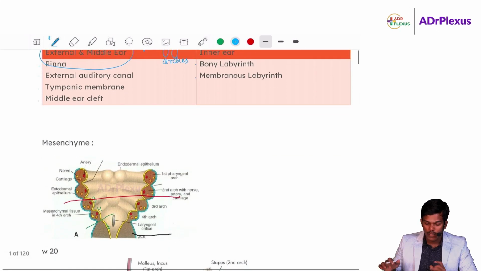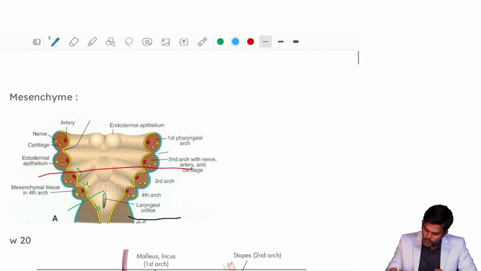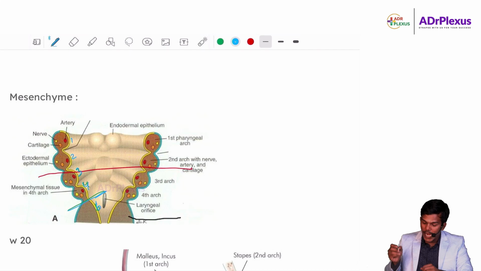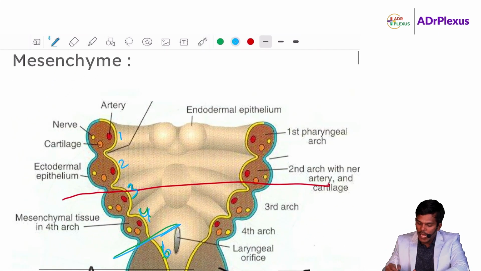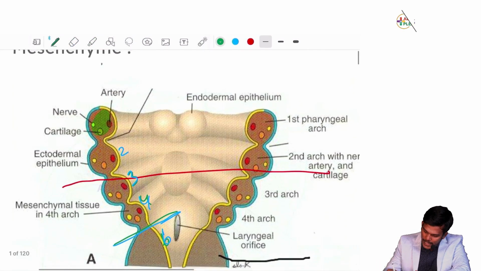Now we'll start with the pharyngeal arches forming external and middle ear. There are totally 1, 2, 3, 4 and 6 pharyngeal arches. The fifth one will become rudimentary. Now, any pharyngeal arch will have a bulk of tissue called mesenchyme.